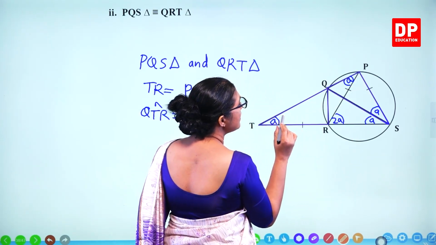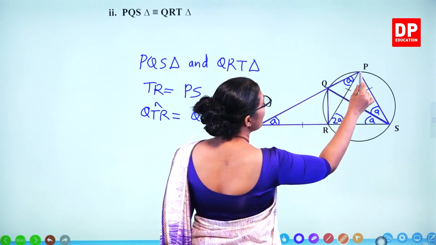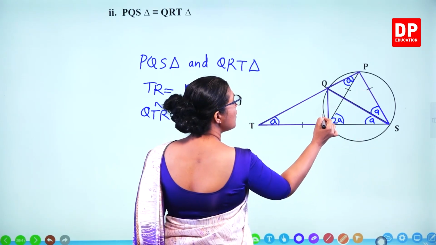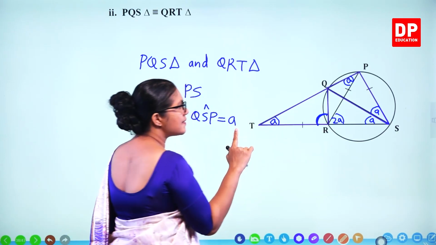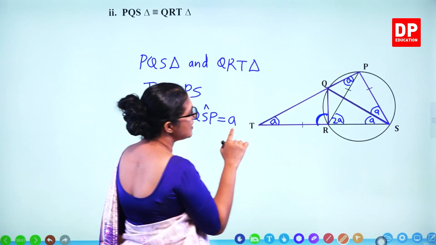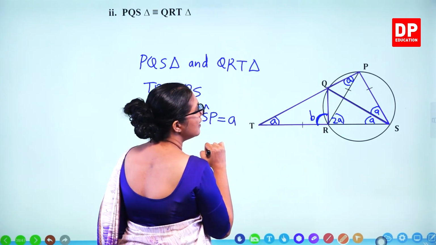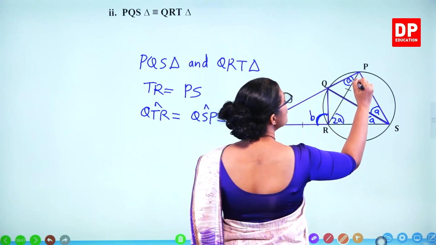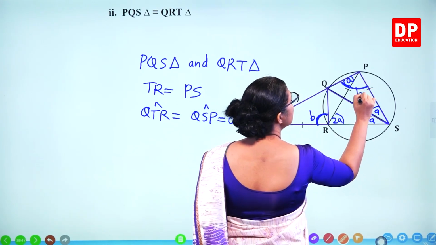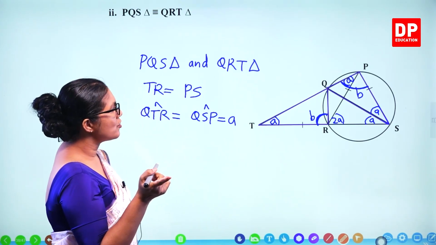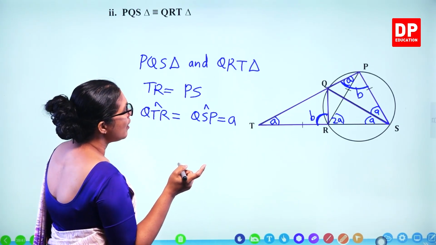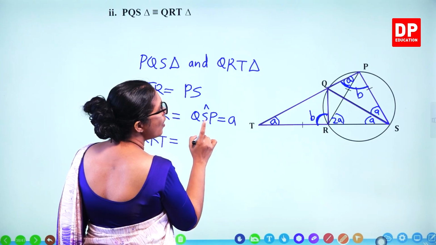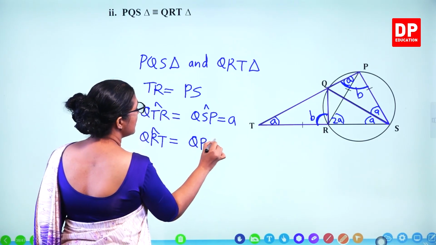Now look carefully at this one. So what is this angle? If we can find out this angle is the same as the other angle. So what is this one? If we take B here, this is the exterior angle of the cyclic quadrilateral. That's equal to this angle. So now that angle is also equal. So we can write angle QRT is equal to angle QPS.